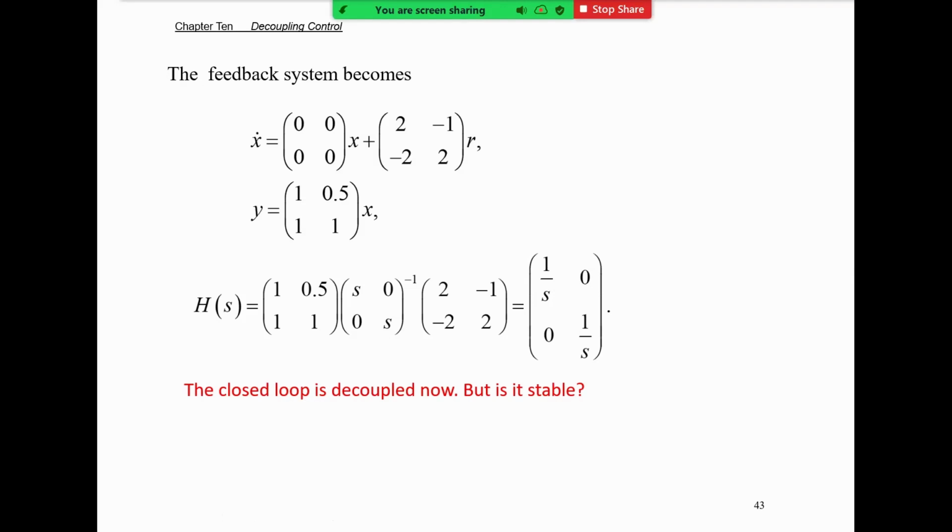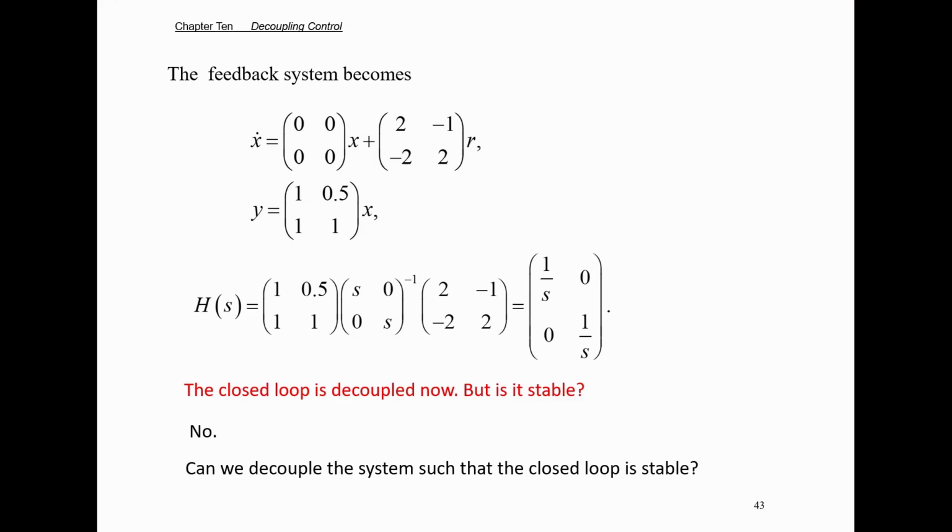Is an integrator stable or not? Come on, you should immediately give the answer, right? It is not stable, right? It is not asymptotically stable. So what we really want, of course, is for the closed loop to be stable.